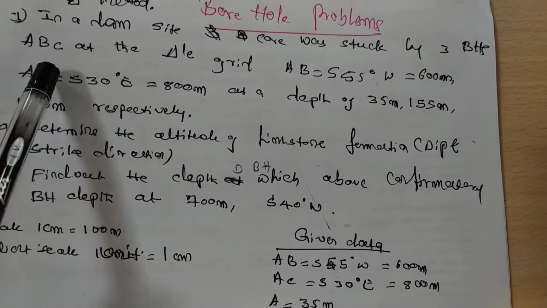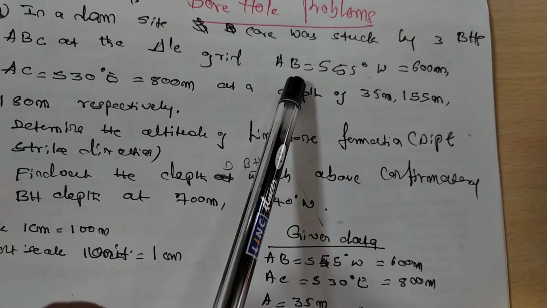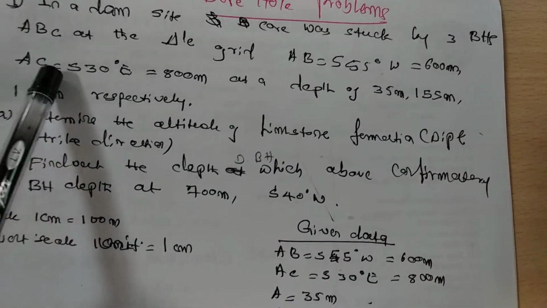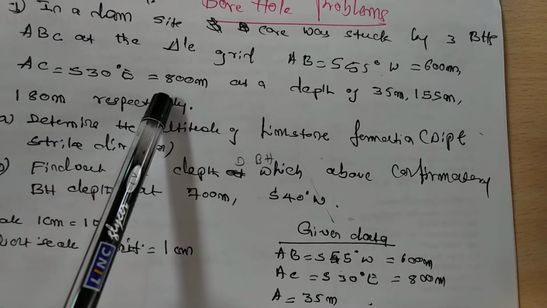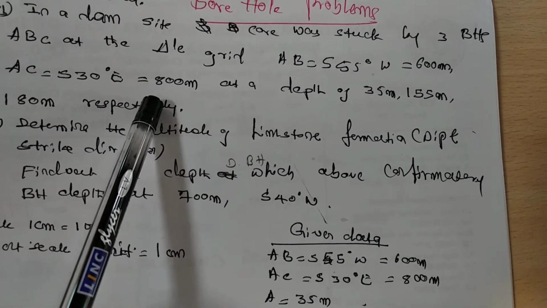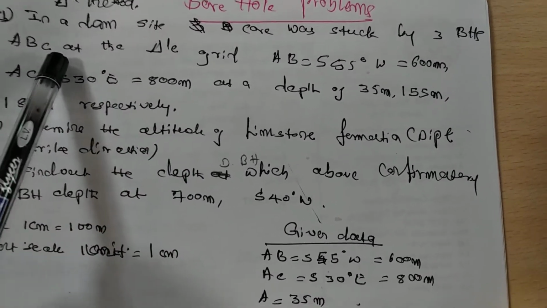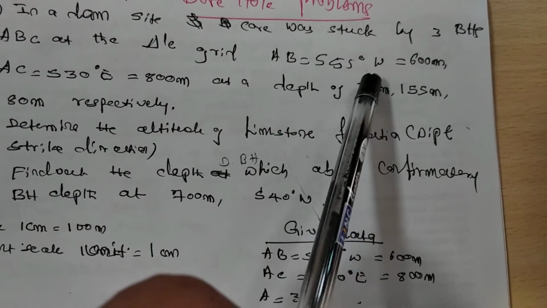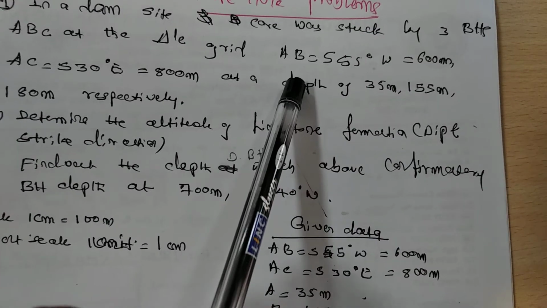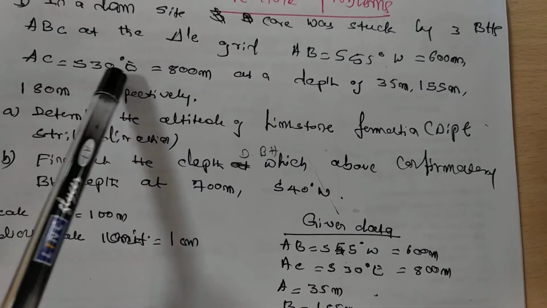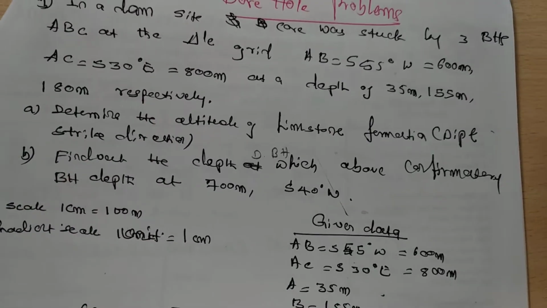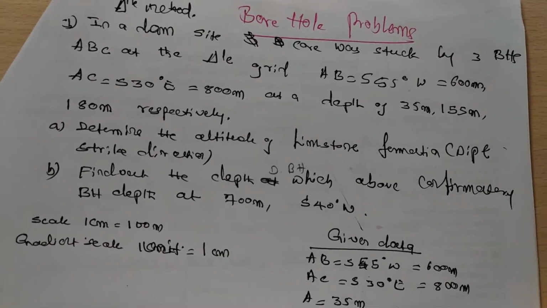From A borehole to B borehole, the horizontal distance is 600 meters, and A borehole to C borehole, the horizontal distance is 800 meters. AB is south 55 degree west, and AC is south 30 degree east. Now let's see what you need to determine from this given data.